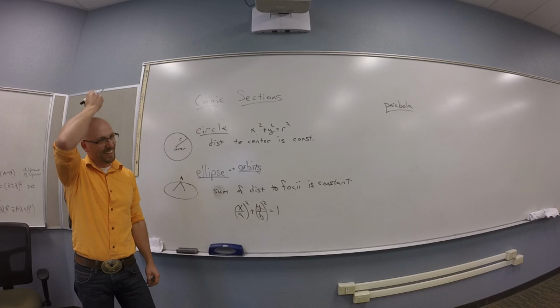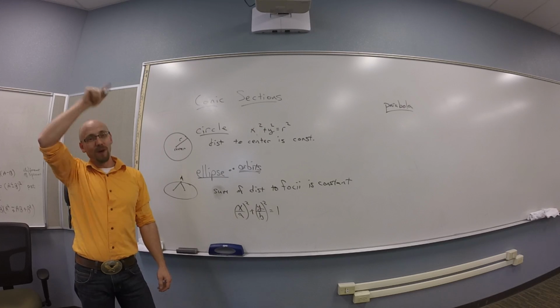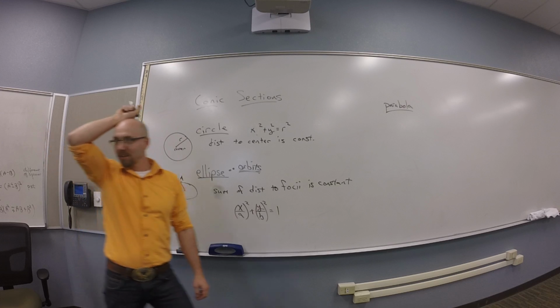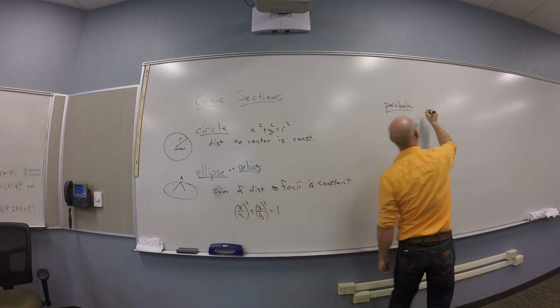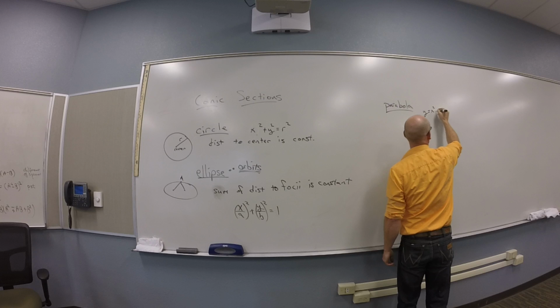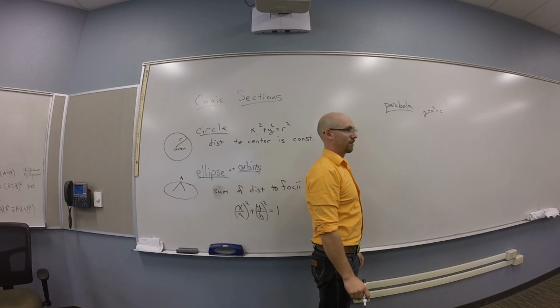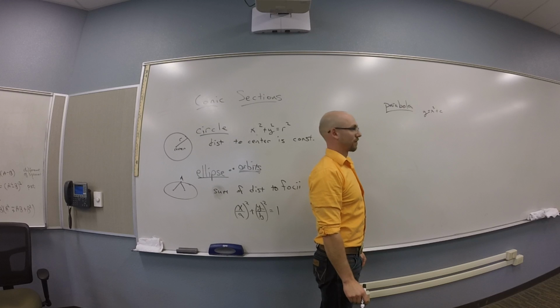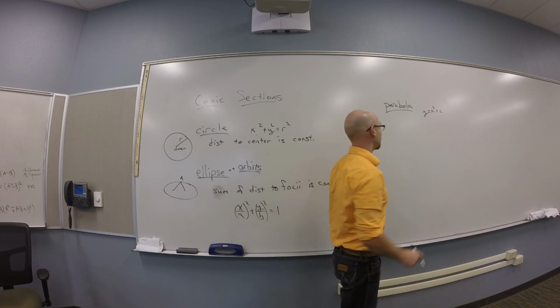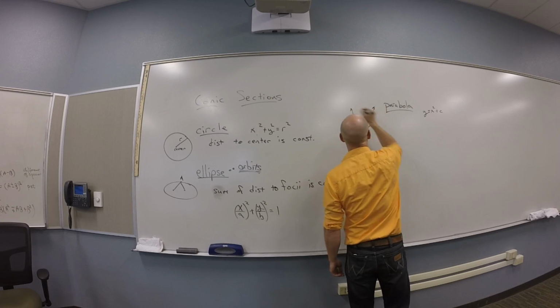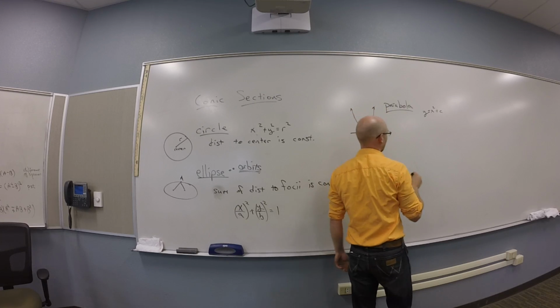Okay, so a parabola, you guys know the equations for parabolas, right? They look like y is x squared plus some constant, right? Okay, cool. All right. Parabolas are good for the following. They look like this. There's a dot and a line.